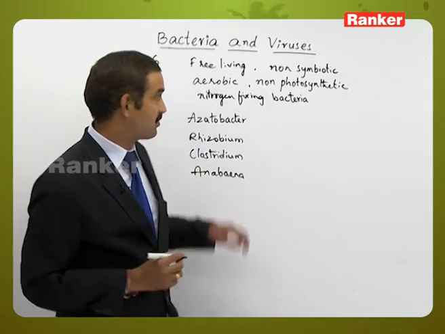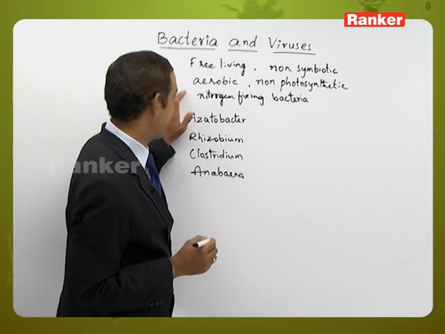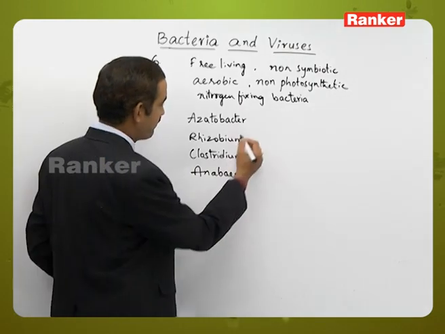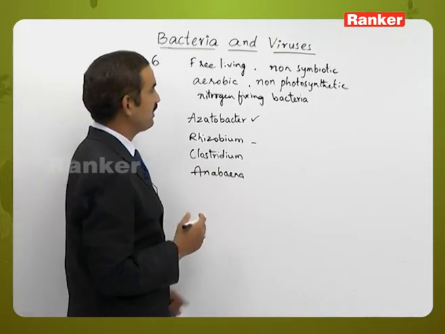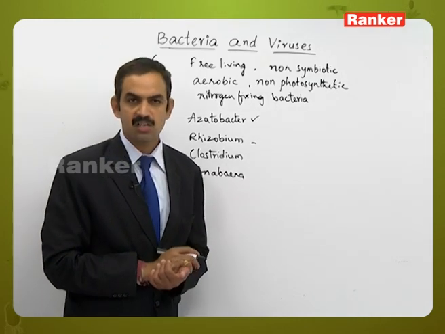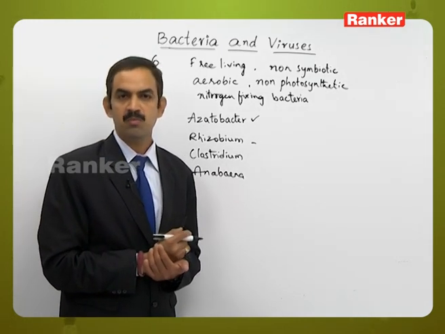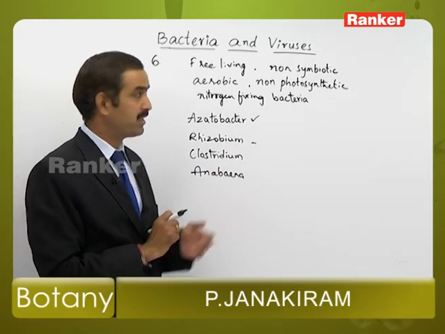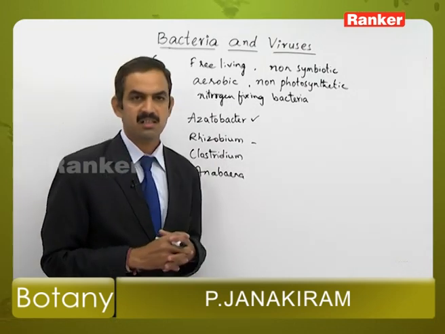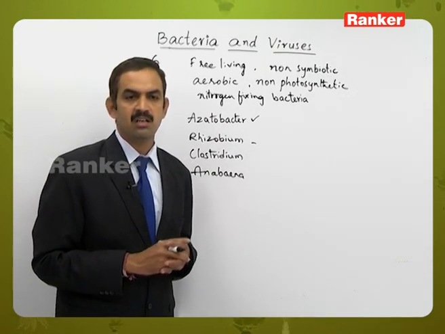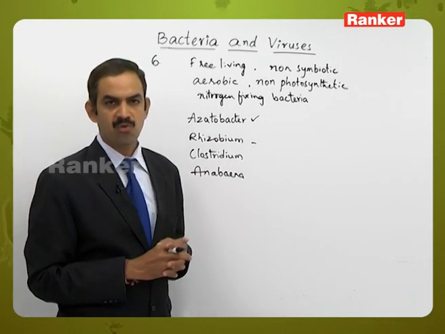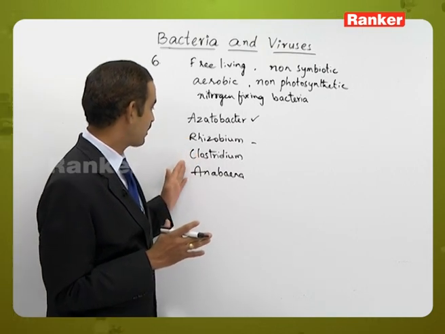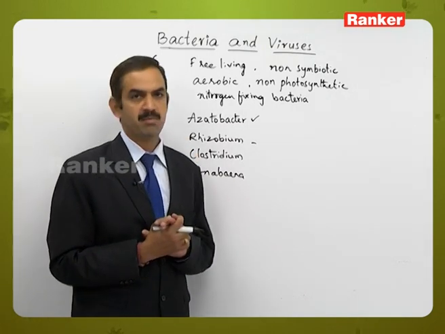Azotobacter is the one which is a free living, non-symbiotic, aerobic, non-photosynthetic, nitrogen fixing bacterium. Rhizobium is symbiotically associated with the roots of legume plants, and Clostridium does not show the characters given in the options, and Anabaena is a cyanobacterium, which is photosynthetic. So some characters are not shown by these three groups.